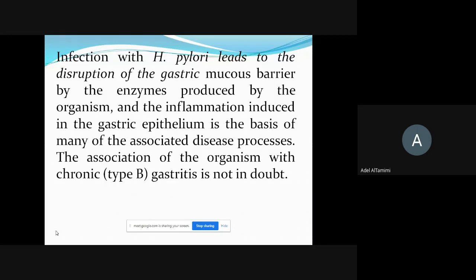Good, how does it happen in the duodenum? We said H. pylori cannot infect other mucosa other than gastric cells. As we said, there is excessive gastric acid secretion, and the duodenum will receive more acid. The response of the duodenum to this excessive gastric acid output results in metaplasia. What is metaplasia? Change of one type of epithelium to another type of epithelium.